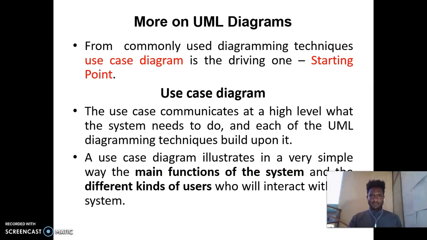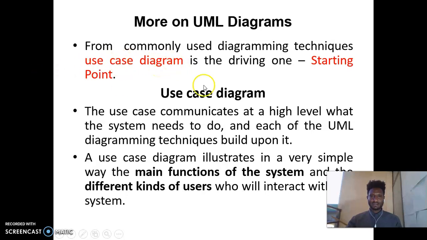More on UML diagram. From commonly used diagramming techniques, use case diagram is the driving one, the starting point. Because in the last slide, I told you use case diagram is the starting point in UML diagram, and this use case just describes or shows how the system works.